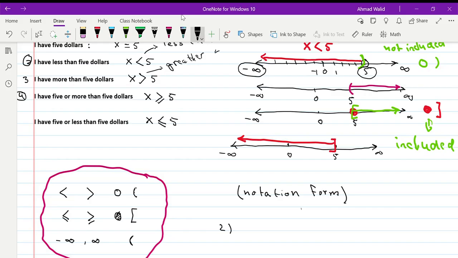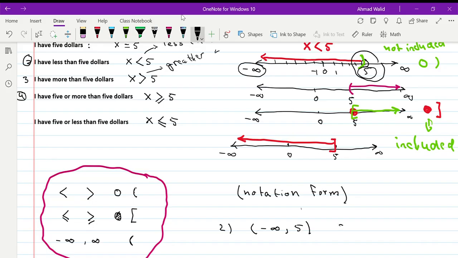Then for negative infinity, what do you use? A parenthesis? Yes. Open a parenthesis, put your negative infinity, then comma, to where? To 5. And what did you use in the graph for 5? Open circle or parentheses, copy that here. We call this one function notation form. Correct?